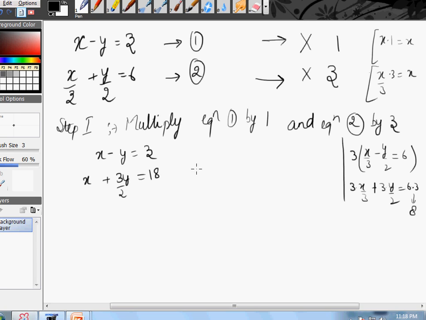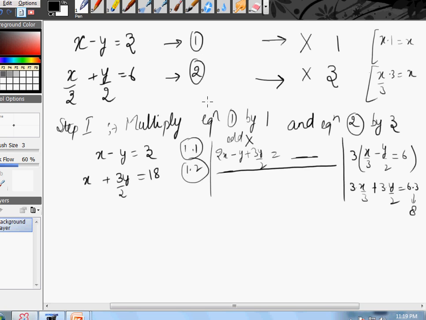If we add these equations, on adding we get x plus x equals 2x and minus y plus 3y by 2 equals something. Surely x is in this equation and y is also not getting cancelled, so addition doesn't serve our purpose. Whereas if we subtract equation 1.1 from 1.2, we are labeling the equations 1.1 and 1.2 corresponding to these above equations.